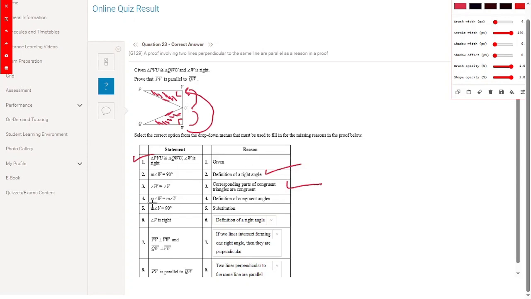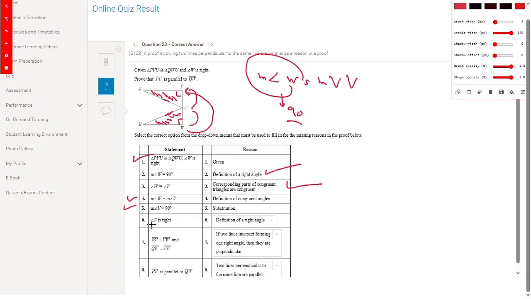Now the measure of angle W equals the measure of angle V. This is the definition of congruent angles, because they are congruent, so they are equal. Now angle V equals 90. This is substitution, because we said the measure of angle W equals the measure of angle V, so let's substitute angle W with 90.